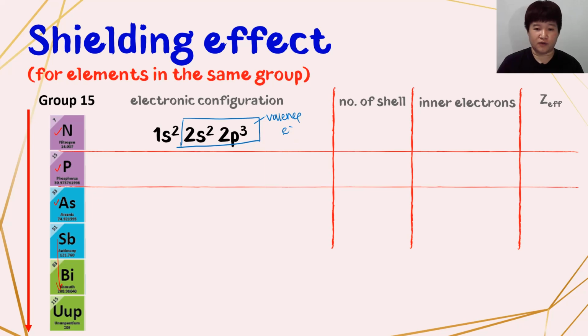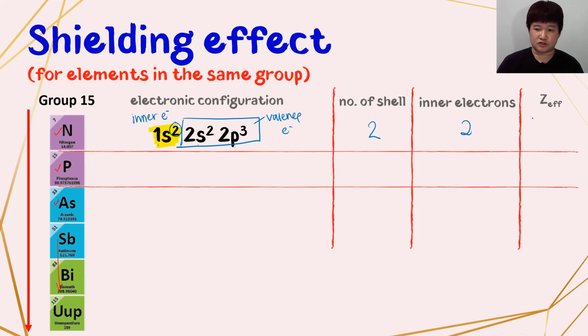If this is your valence electron, 1s2 will be the inner electron. So I have 2 inner electrons over here, and the number of shells is 2. So you can see n equals 1, n equals 2.